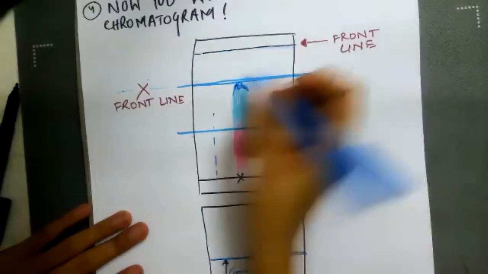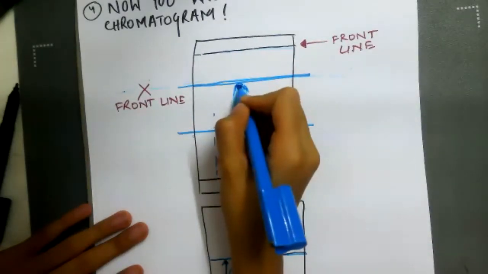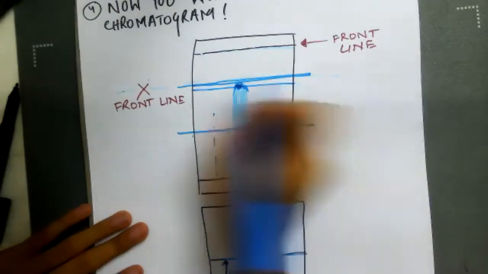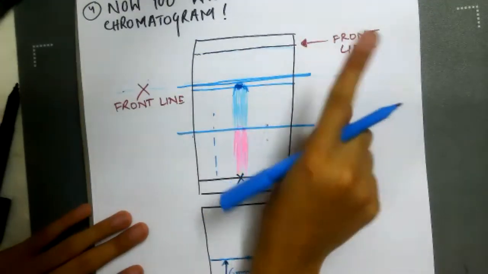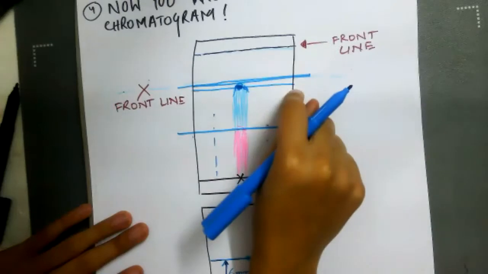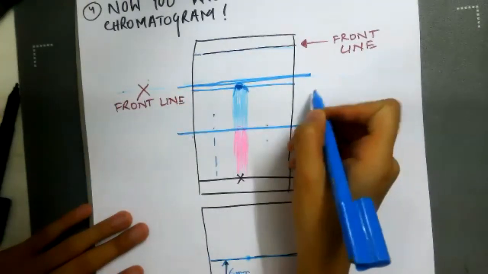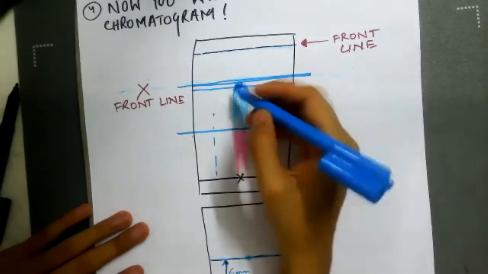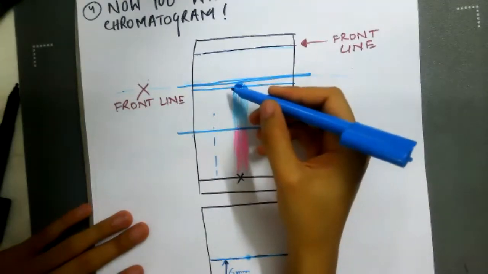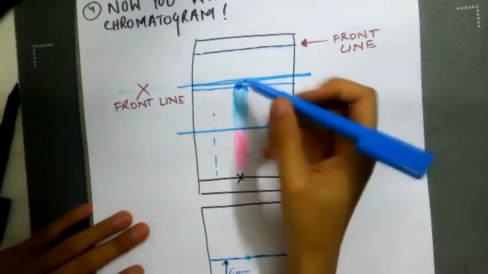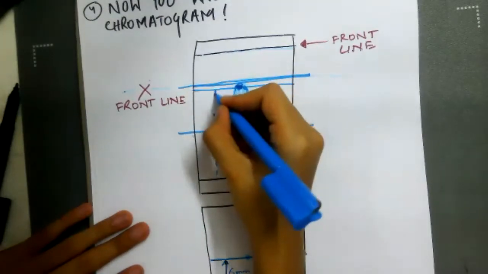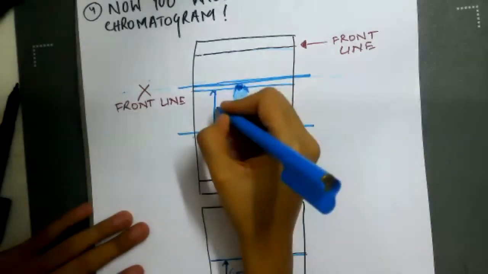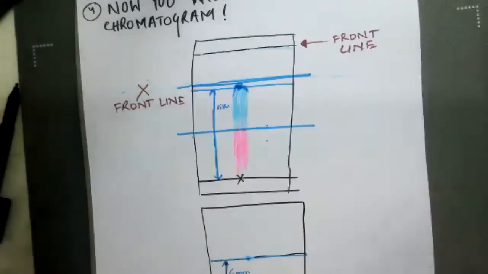I'm going to make a spot right here, and I'm going to run my pencil line through it. Always use pencil, because if you use a pen or a biro or felt tip pen, it's going to have ink in it, and that also might run with the water. So I'm going to measure the distance to the datum line, and that will be my rise.